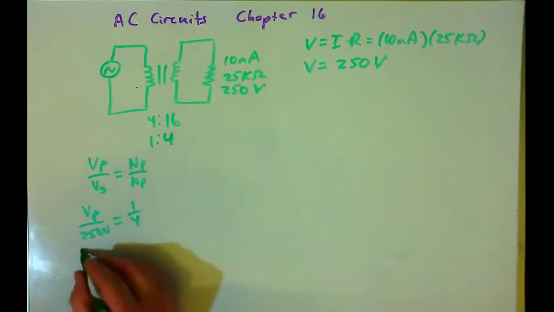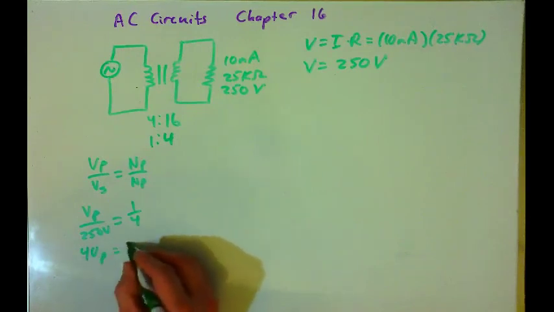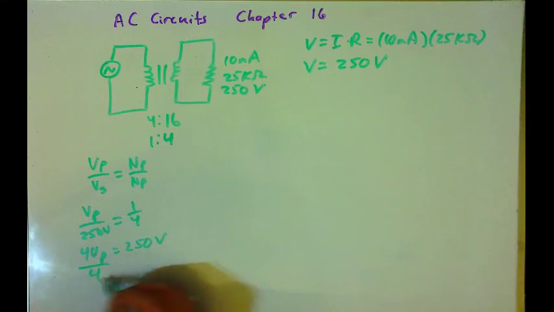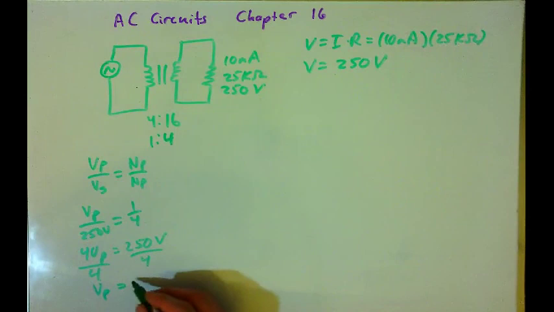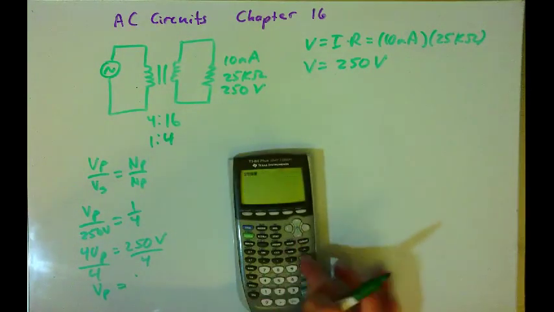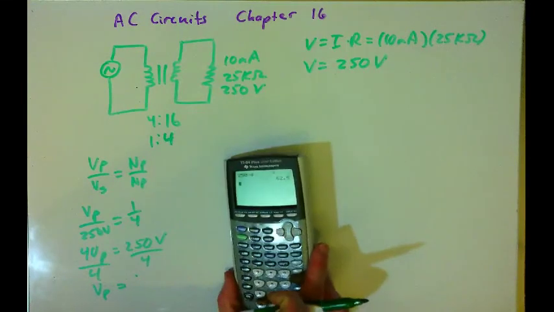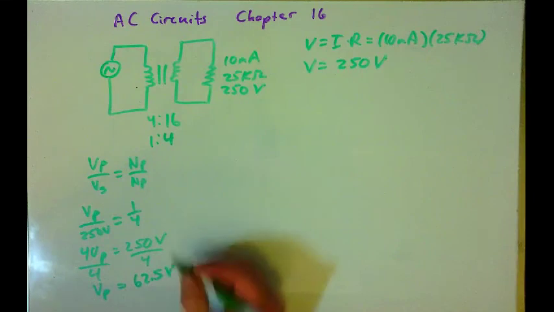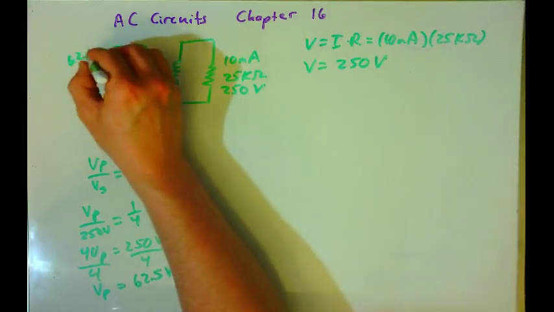We will cross multiply. We get 4 VP is equal to 250 volts. Divide by 4 on both sides. And we get VP is equal to, let's make sure, 250 divided by 4 is 62.5 volts.